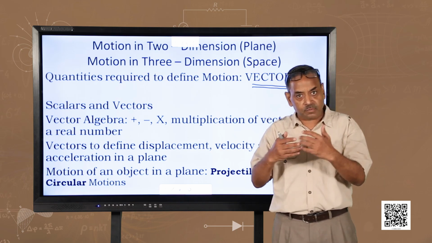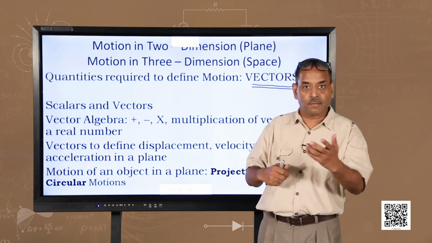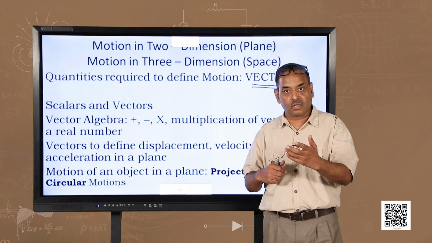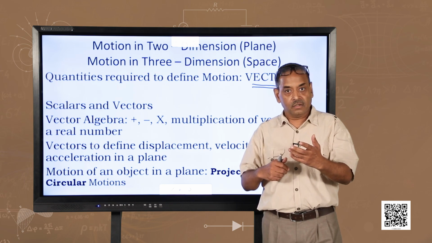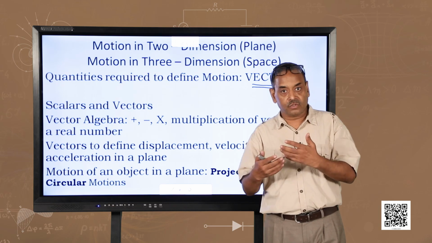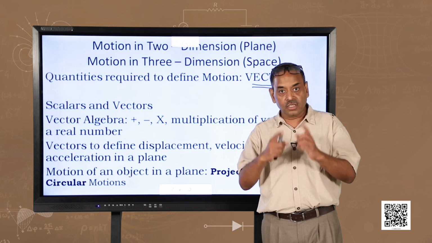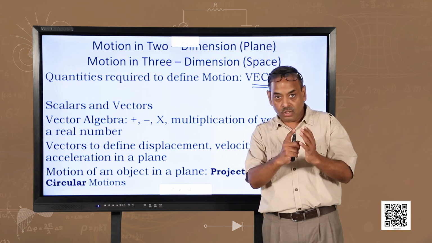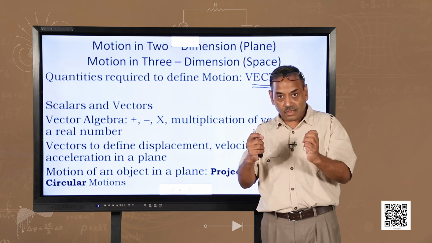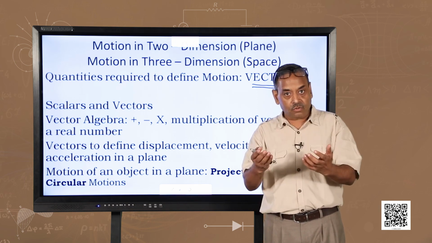So, in order to explain this motion, that I have travelled 4 kilometers today morning, the question is in which direction you have moved. It means you need to have direction also. So, these quantities which require magnitude plus direction, like velocity and displacement, are vector quantities.